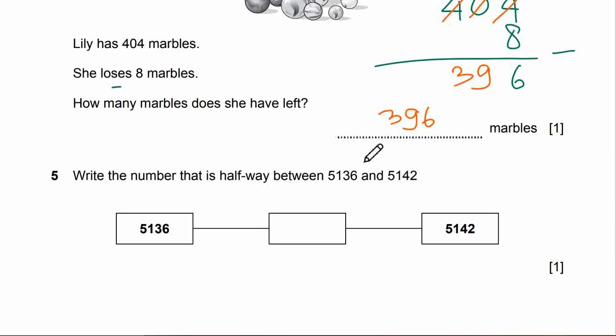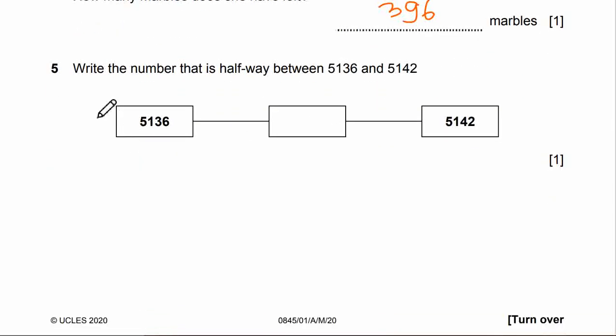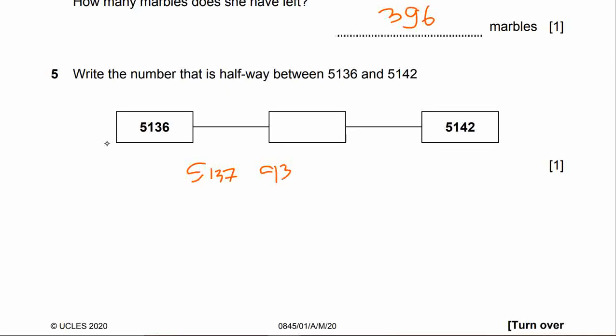Okay, now let's move to number 5. Write a number that is halfway between 5136 and 5142. So we know there is 5137, 5138, 5139, 5140, 5141.